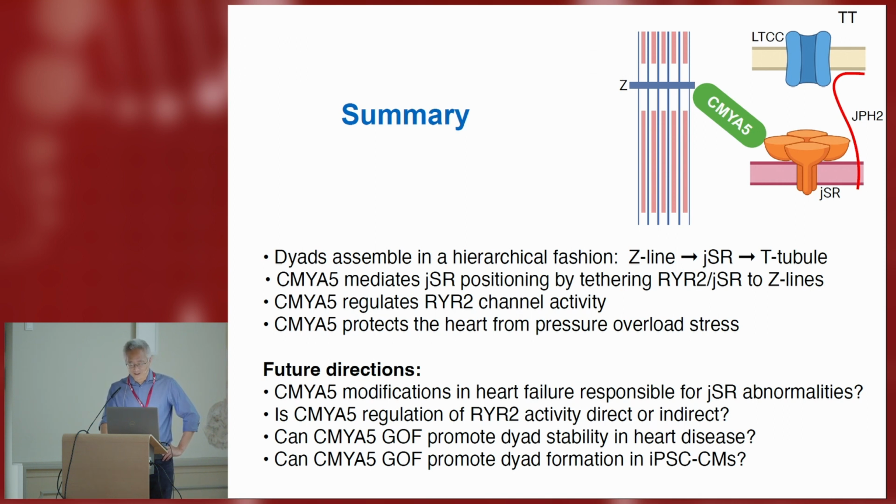We find this very interesting because we think that there may be roles for gain of function of this protein to protect dyads from heart failure or to help to organize dyads in iPS cardiomyocytes. And we wonder if modifications of this protein may contribute to the disassembly of dyads in heart failure, as is seen with proteins like junctophilin.